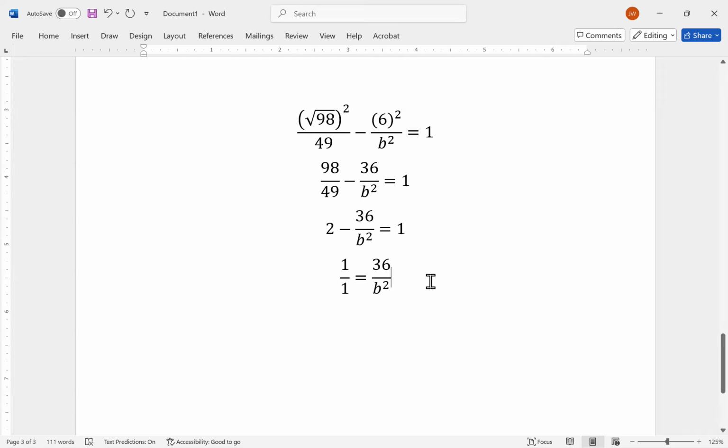So 1 times b squared is going to be equal to 36. It's not always the case that it comes out so nicely, but in this case, it came out very nicely. And so b squared is 36. That means b is 6.